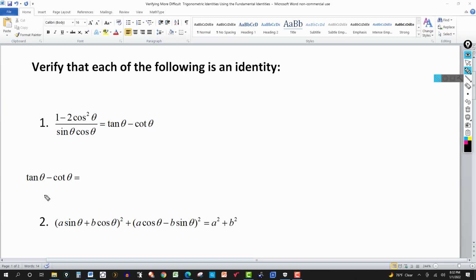So now this is my objective right there. I want to get that from this right here. I'm going to start over here, just to give me more space. I'm going to write it out.